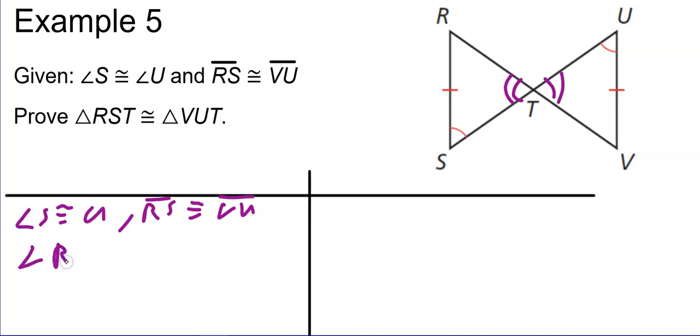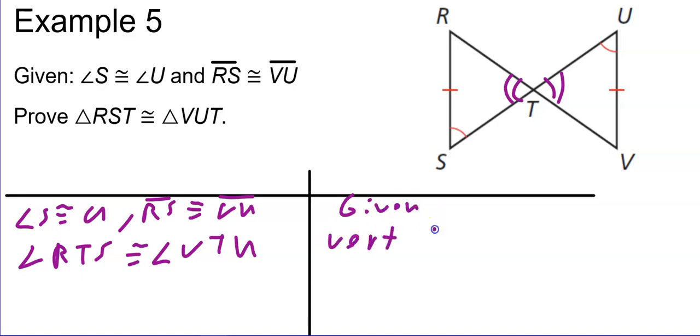angle RTS. So I'm going from none to 2 to 1. Is congruent, I got to start at the no angle V into the 2 and then to the 1. Oh, I forgot to write given, sorry. All right, and I can say that again, vertical angles are congruent.